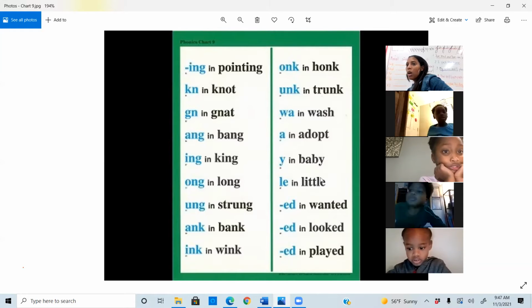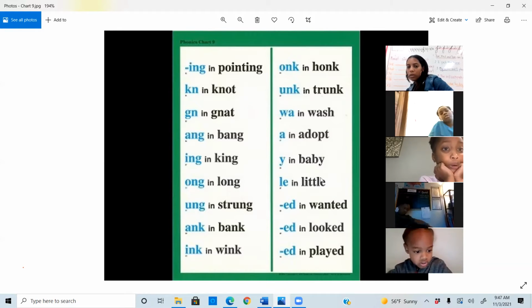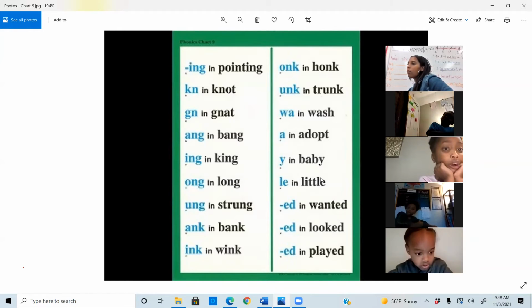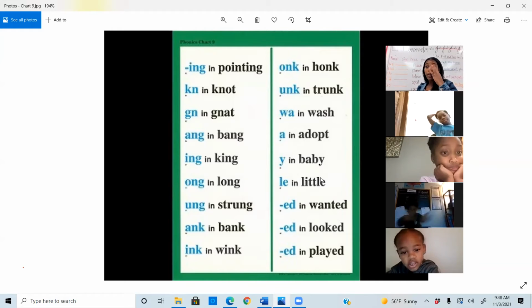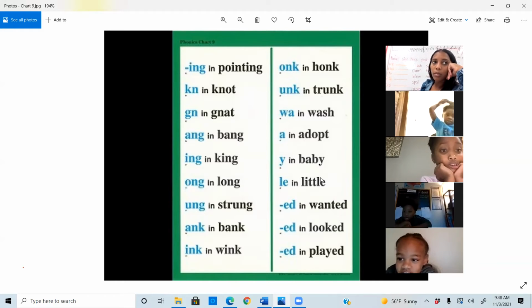W-A says wah, as in wash. A says uh, as in adopt. Y says E, as in baby. L-E says ul, as in little.